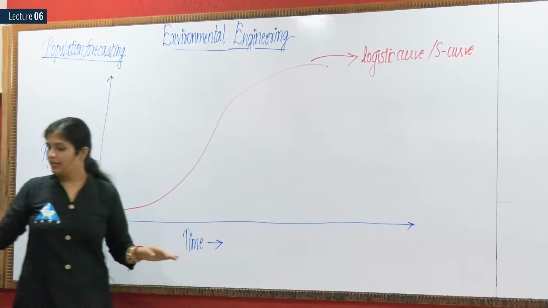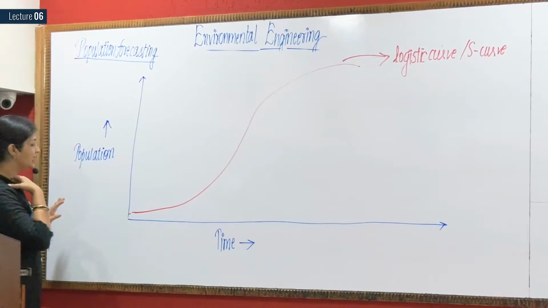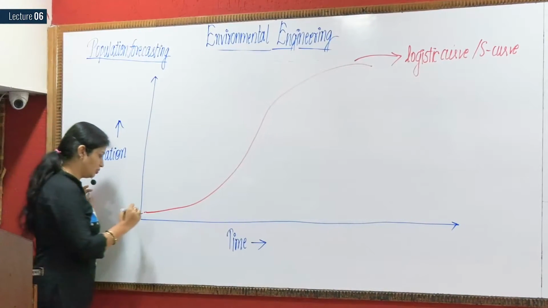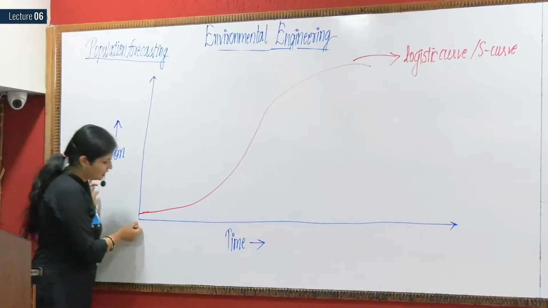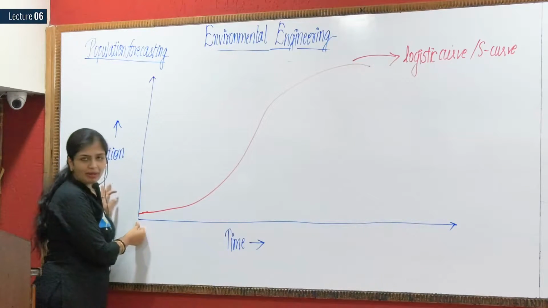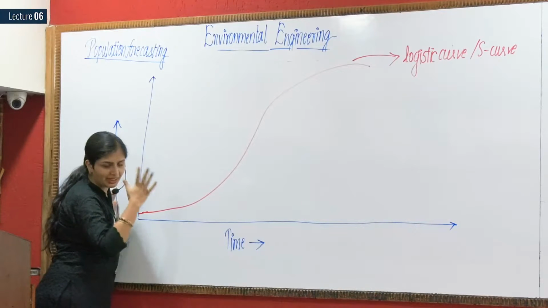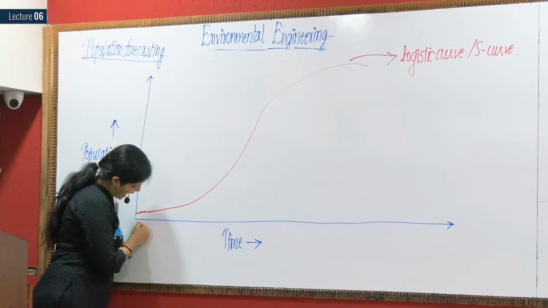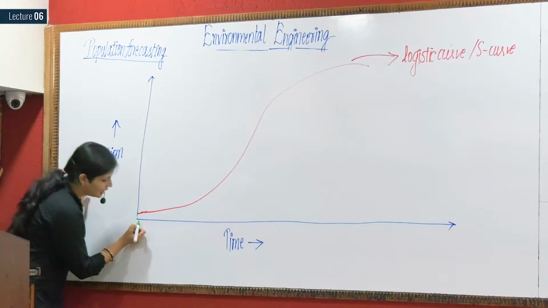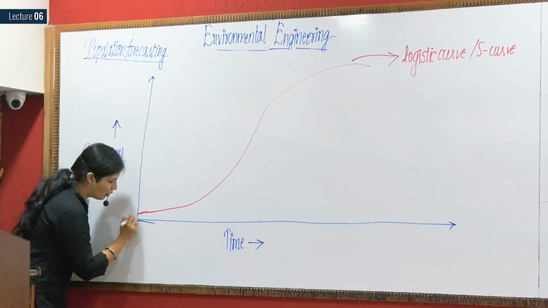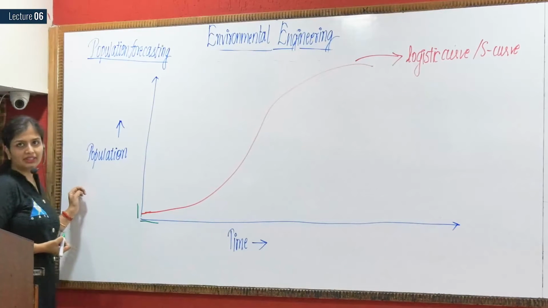First of all, you start from the very beginning. See, this is almost like this only. Now see, generally at the initial time, at t equal to 0 or some infinitely small time, as the time is increasing, the population is also increasing.